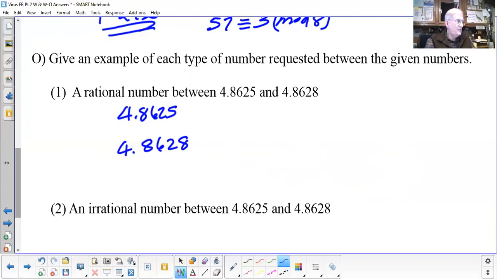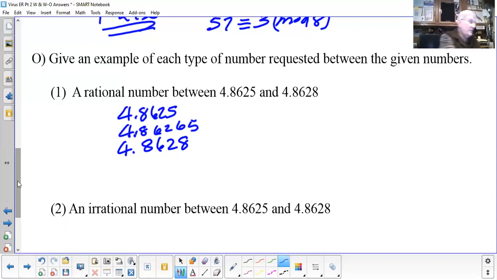If I take those two and add them together and divide them by 2, I get the following answer: 4.86265.